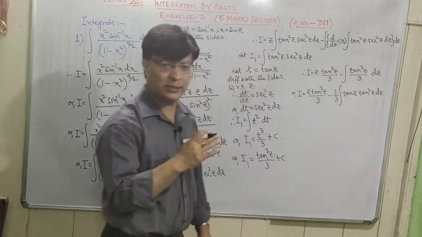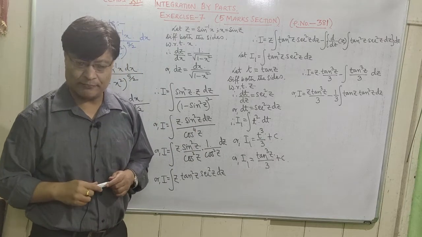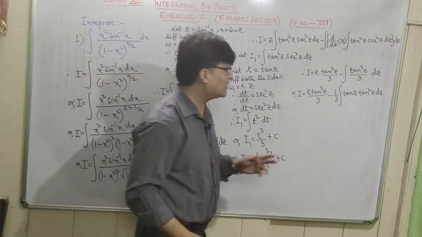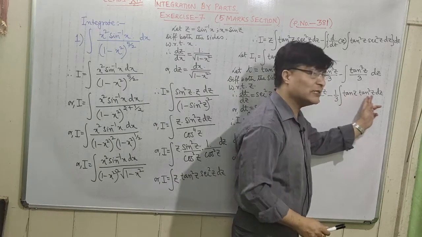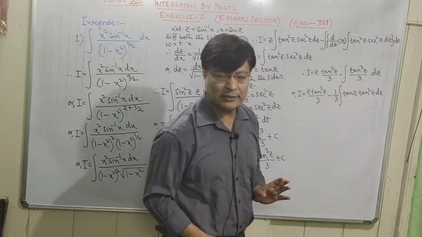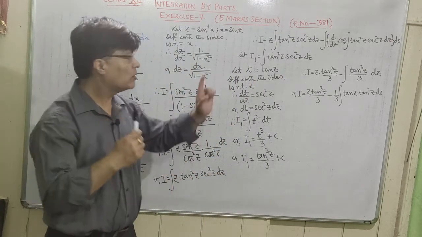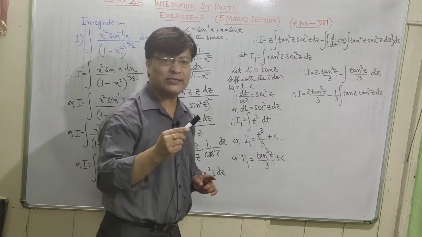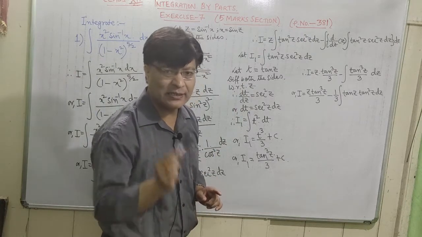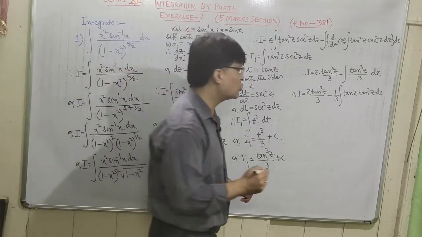So tan cube z we can separate as tan z into tan square z. As you know that the differentiation of tan z is sec square z. But here we have got tan square z. Let us change this tan square z into sec square z. So what is the formula for tan square z in terms of sec z? It is tan square z is equal to sec square z minus 1.